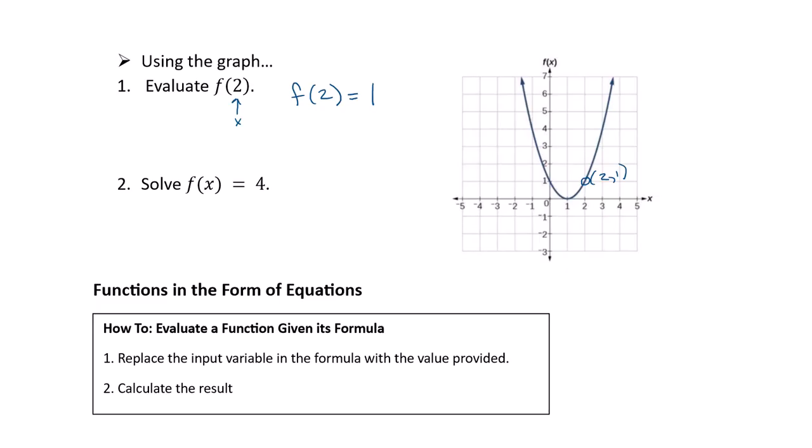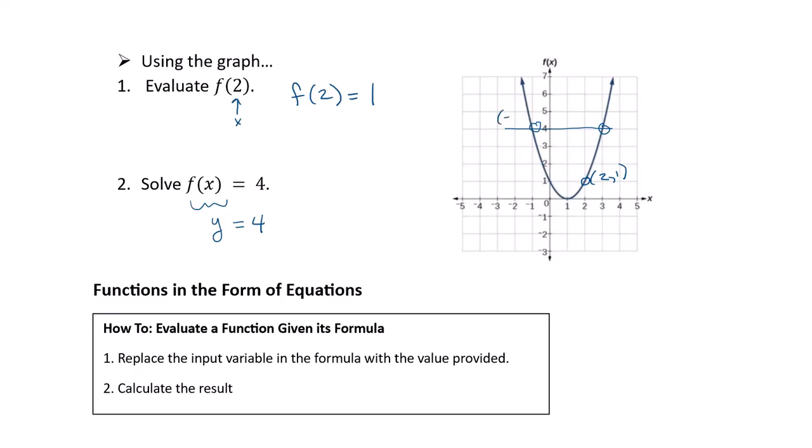Now we're asked to solve f of x equals 4. Remember, f of x means y. So they want us to find where the y equals 4 and what x gives you that value. So here is where my f of x is 4, and I can see there are a couple of places where that happens.